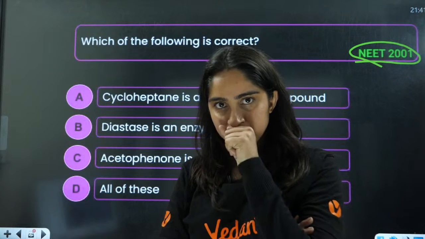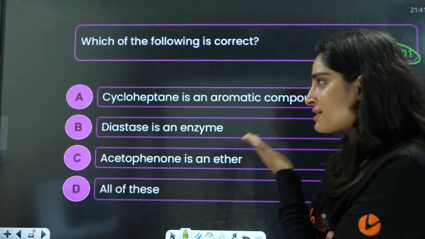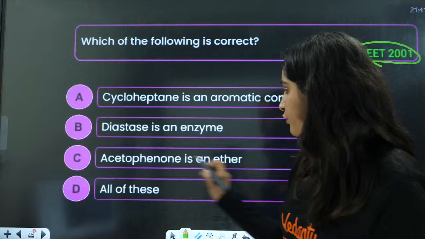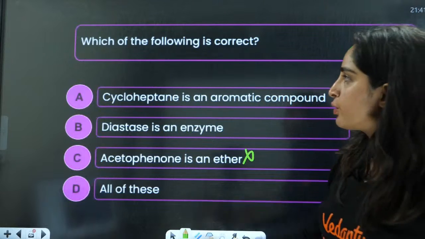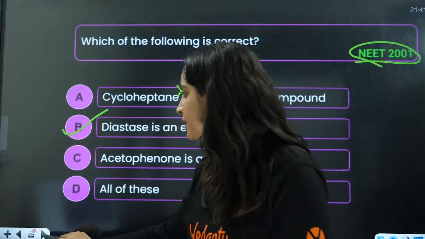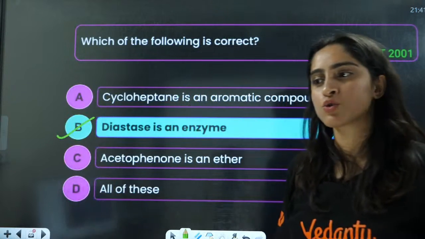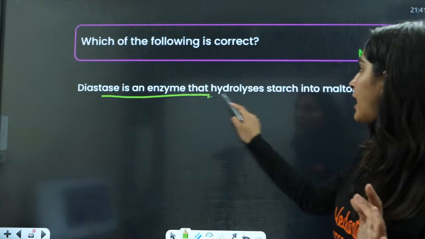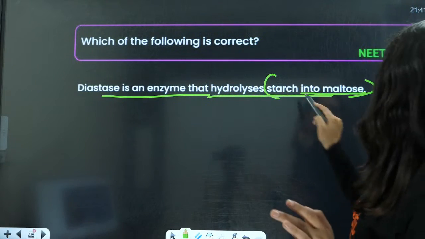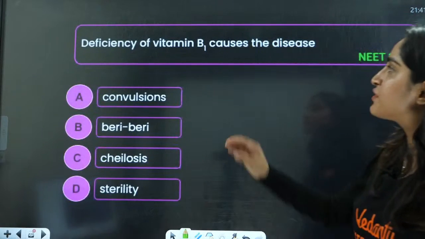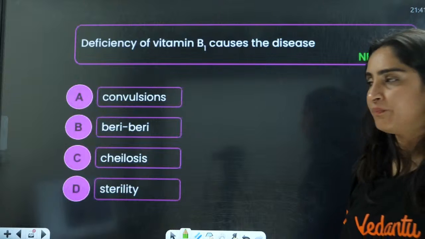Even if you don't know whether diastase is an enzyme or not, you know that acetophenol is not an ether and cycloheptane is not aromatic. So obviously this is going to be the correct answer, right? An enzyme that hydrolyzes starch into maltose.